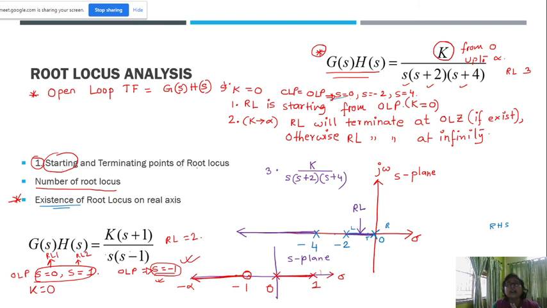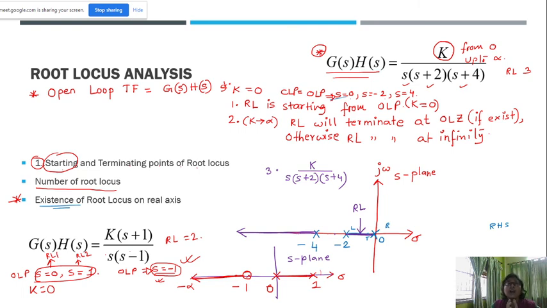First we have to draw the poles and zeros of the root locus on the S plane. Then we have to calculate where the root locus branch will exist.